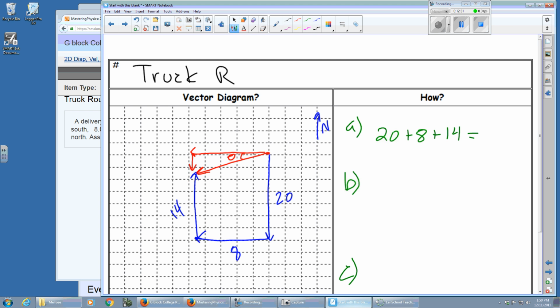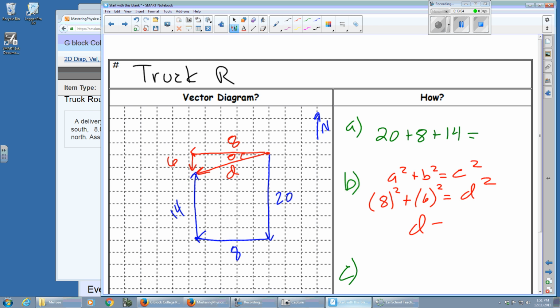So let's call that length D. Horizontally, that side of the triangle would be 8, because it lines up with the other side of my rectangle. What's my vertical part going to be? 6. So to find D, I'm going to do Pythagoras again. This time I have 8 squared plus 6 squared equals D squared.